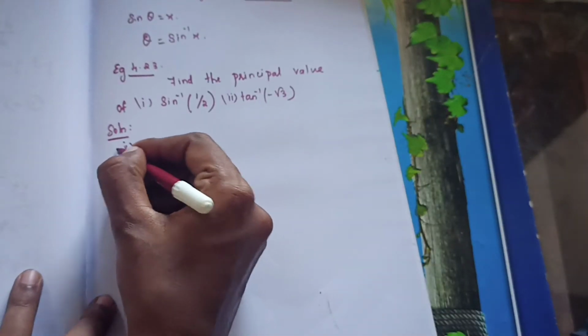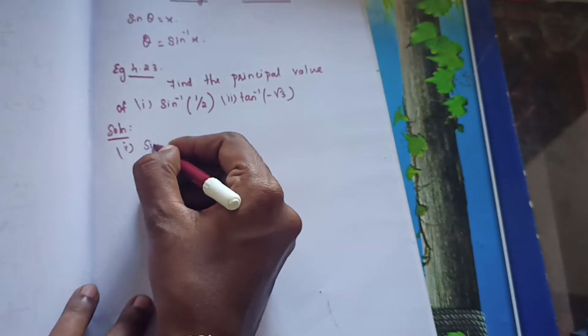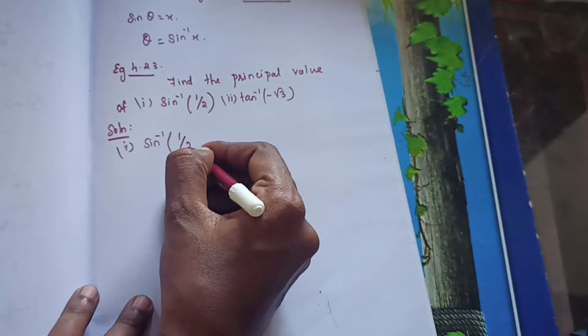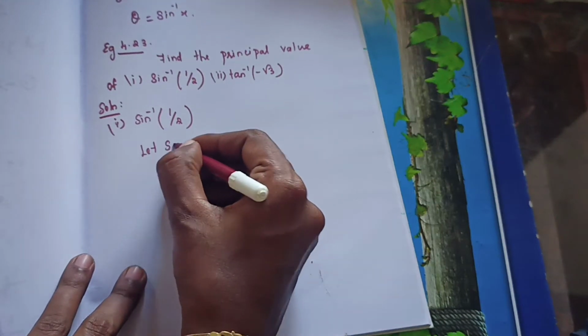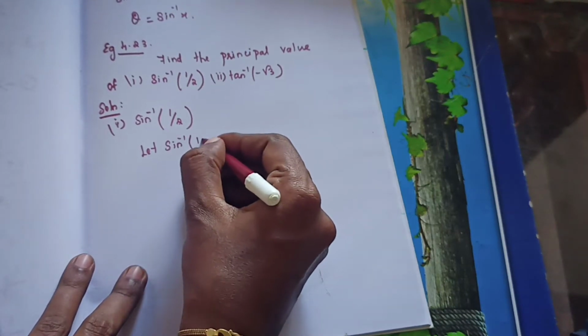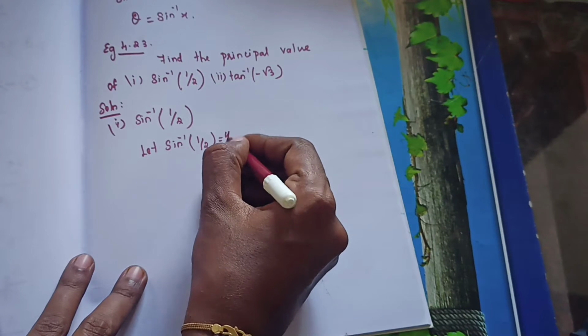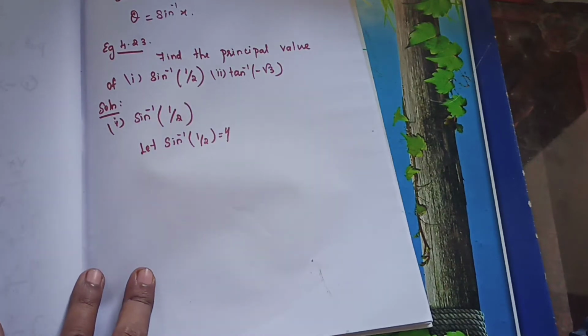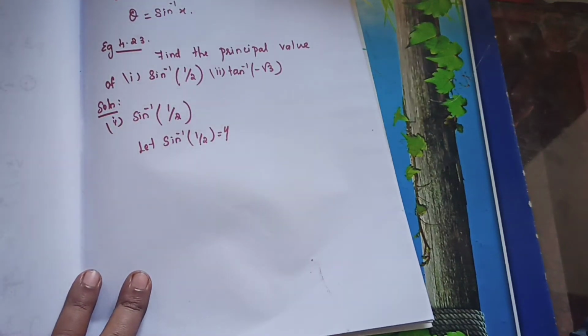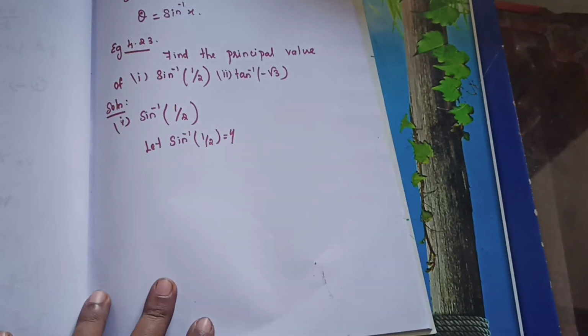Okay. First one, sin inverse of 1 by 2. Let us take this first as: let sin inverse of 1 by 2 equal to y. For sin, it will be the sin inverse of x. Is it right? What about the range? You need to learn the range, then only it will be very easy.